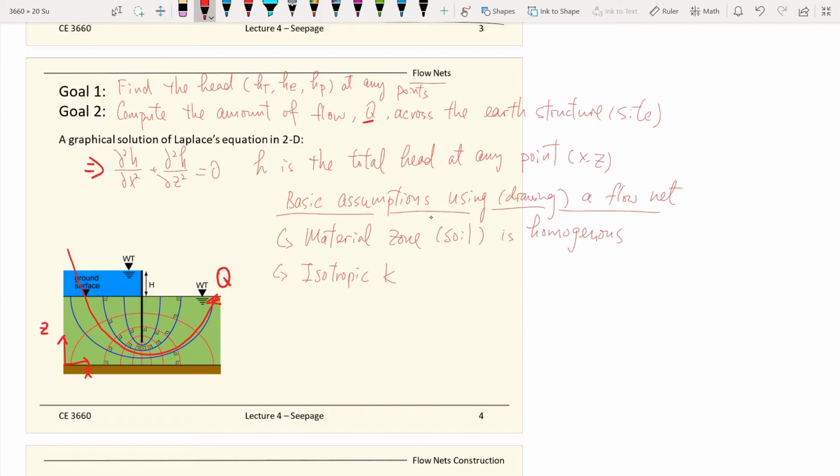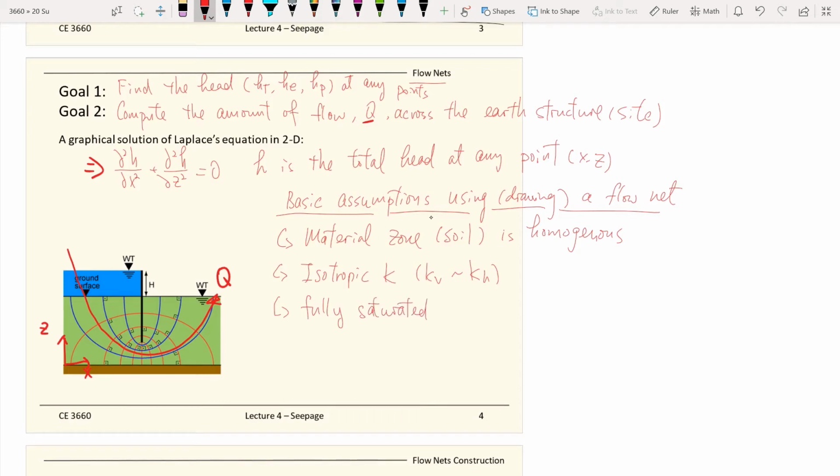So in the real world, the true soil behavior in the horizontal and vertical directions of hydraulic conductivity is different. But in order for this simplified graphical solution to work, we assume they are the same. We also assume the whole site is fully saturated.